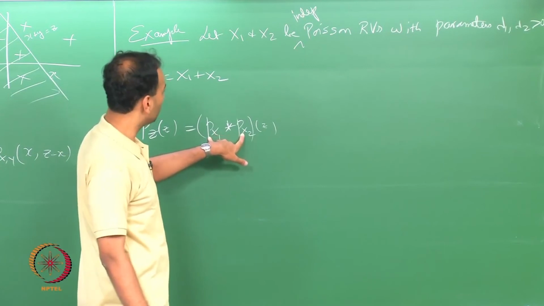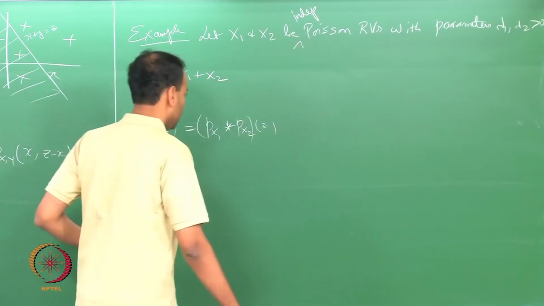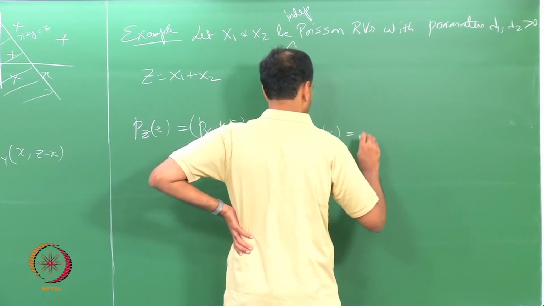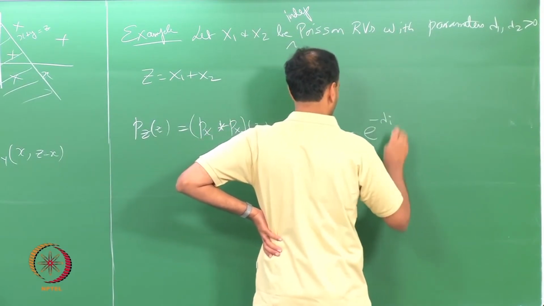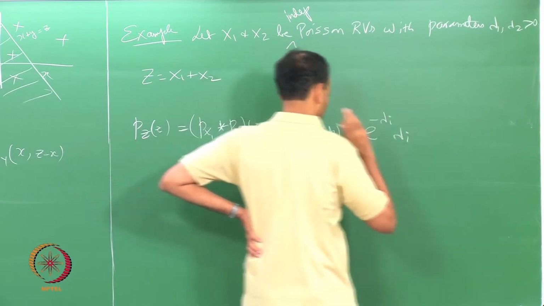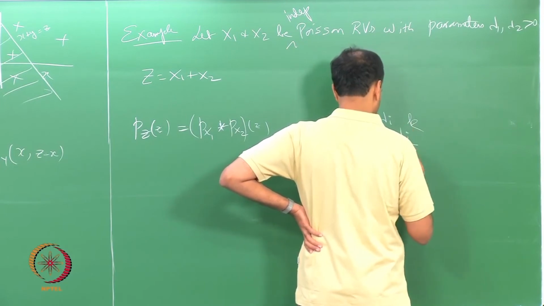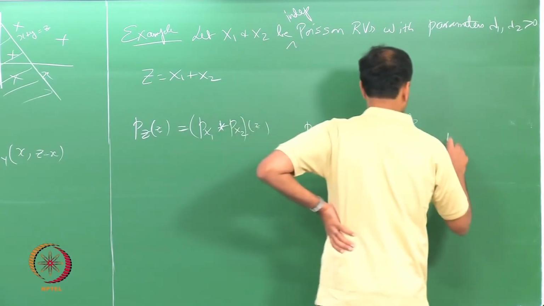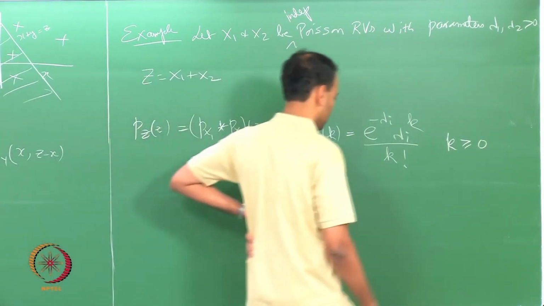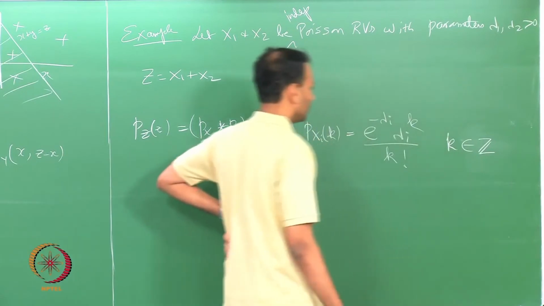You know these marginal PMFs because they are given to be Poisson. So, P x i of k will be equal to e power minus lambda i, lambda i power k over k factorial, and this is for k greater than or equal to 0. Actually, I should write k in integers.